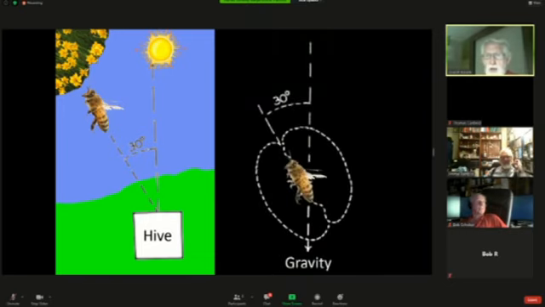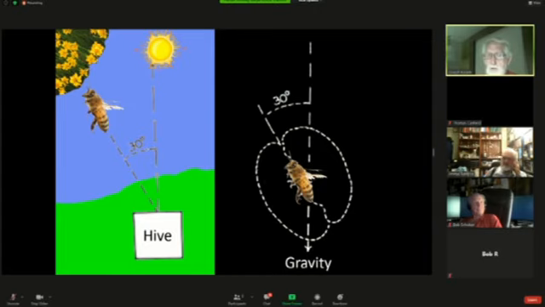So the bee will go back to the hive and reproduce that 30-degree angle from the vertical line of gravity. This waggle dance is then sensed by other worker bees inside the hive and they receive the information on where to go to find the nectar or the pollen.